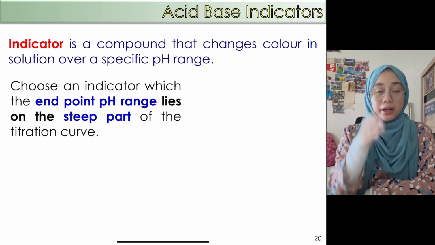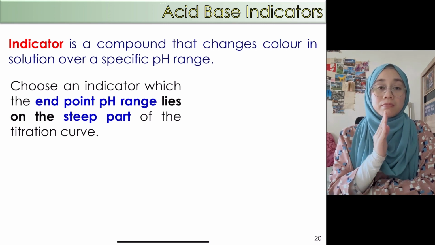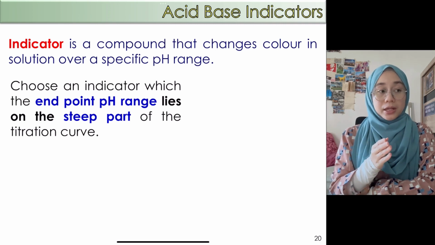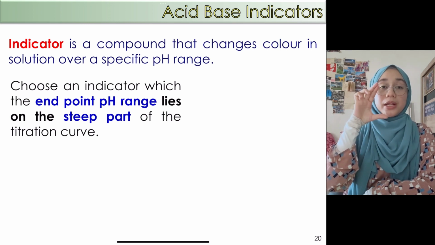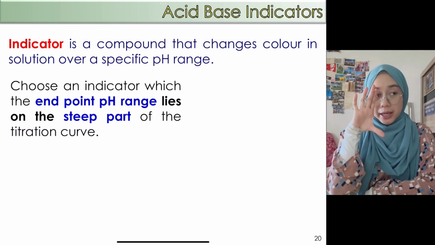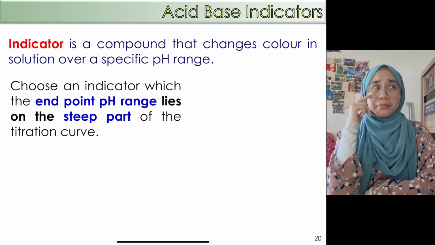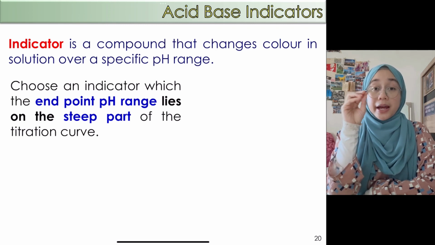Okay, so as long as it falls dekat bahagian yang steep curve tu, so kita boleh guna that particular indicator. So for example, strong dengan strong, the steep curve is between 3 to 11, right? So as long as the pH range untuk indicator tersebut dia berubah dekat bahagian antara 3 to 11, therefore we can use that indicator to indicate the endpoint.